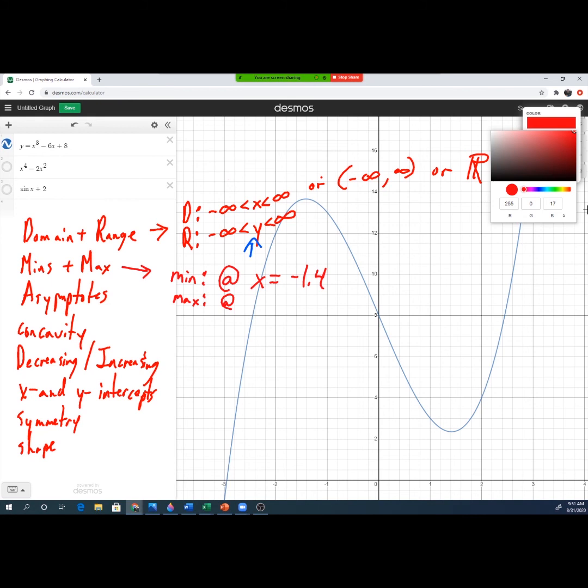And for the maximum, wait, the minimum was negative 1.4? Oh, sorry. It was positive 1.4. I switched it. Perfect. No, that's okay. Okay. Do we have any asymptotes? Thank you to the 2 of you that responded.